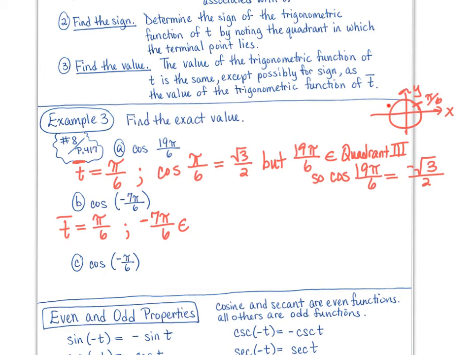Good. It's in quadrant 2 because this is negative 7 pi over 6 right here. So this belongs to quadrant 2, which means cosine of negative 7 pi over 6 is negative. In fact, we can say it's equal to what?